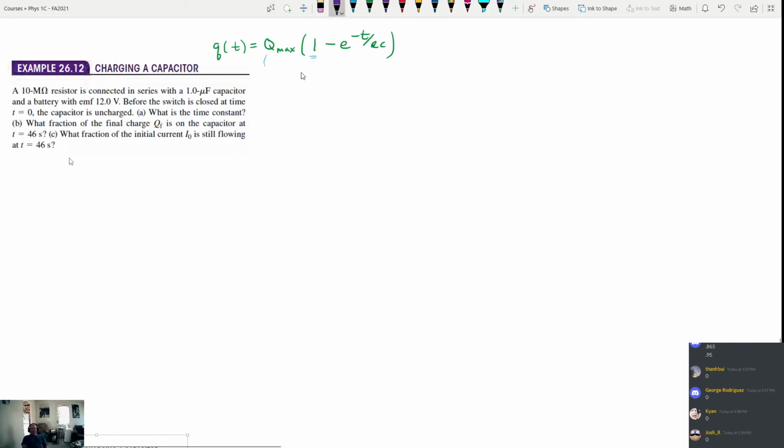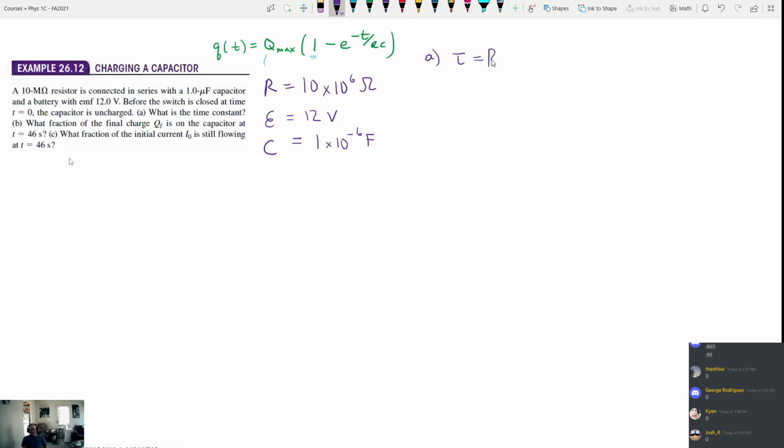All right, so we have a resistor equal to 10 mega ohms. That's 10 times 10 to the 6th ohms. Connected to a battery with an EMF of 12 volts and a capacitor with a capacitance of 1 microfarad. That's 1 times 10 to the minus 6 farads. And in part A, they want us to calculate what is the time constant.